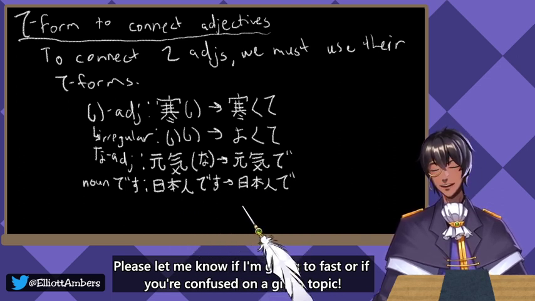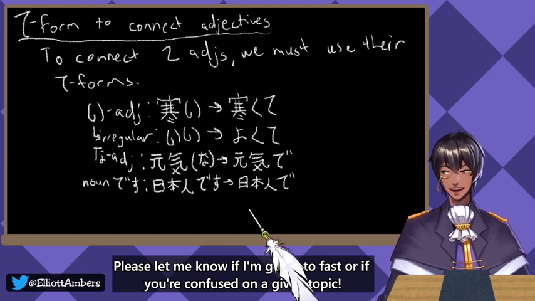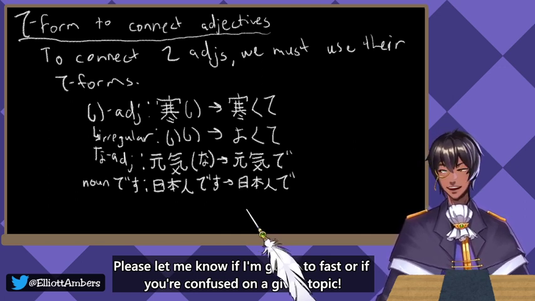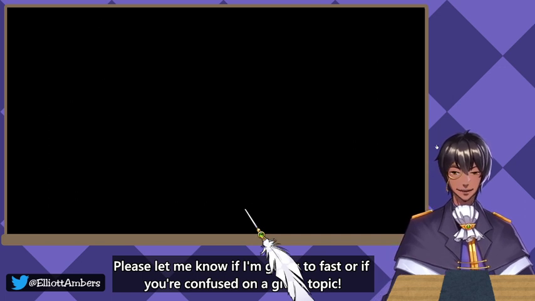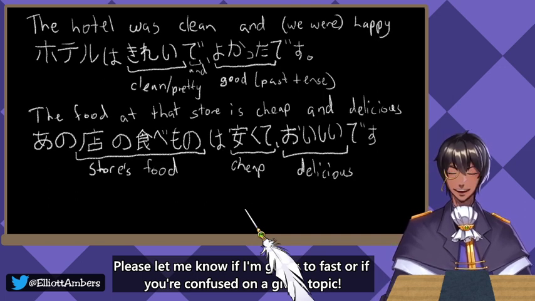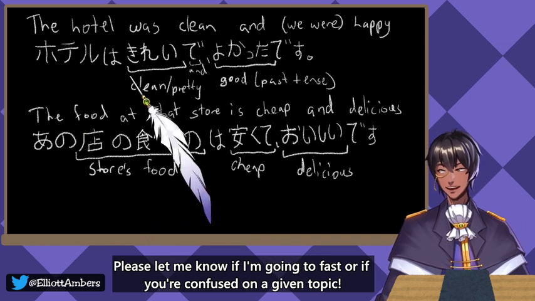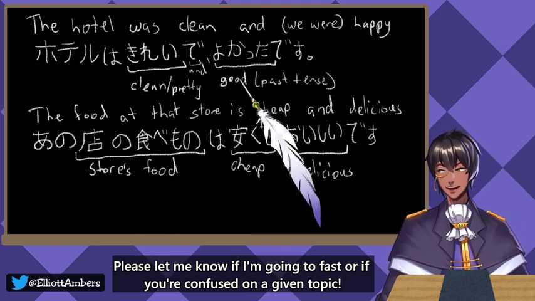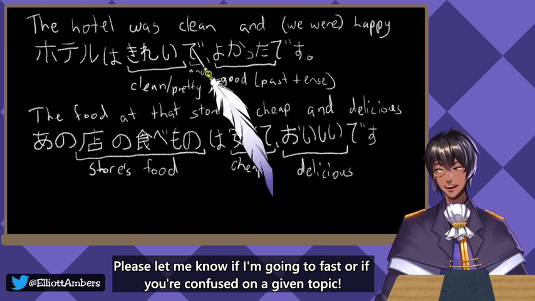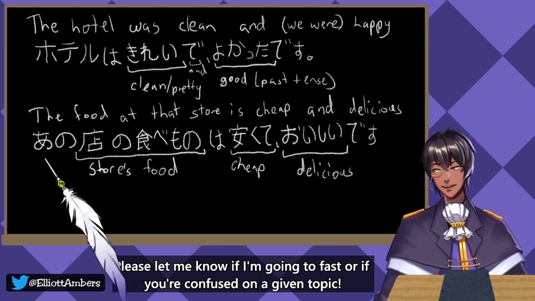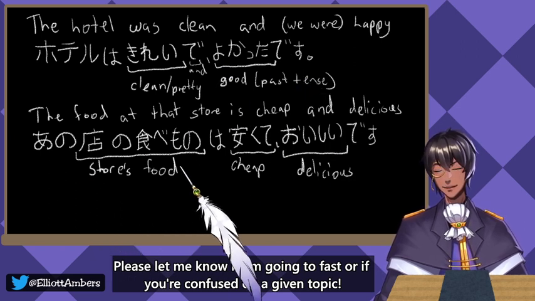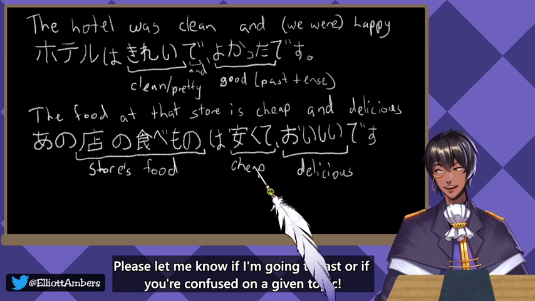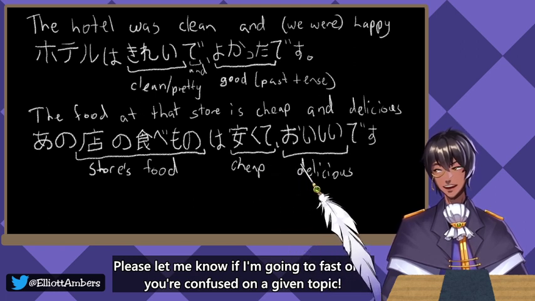Very simple rules compared to the entire song that was the verb te forms. And we just did some examples, like, hoteru wa kirei de yokatta desu. The hotel was clean and we were happy. Or, mise no tabemono wa yasukute oishii desu.